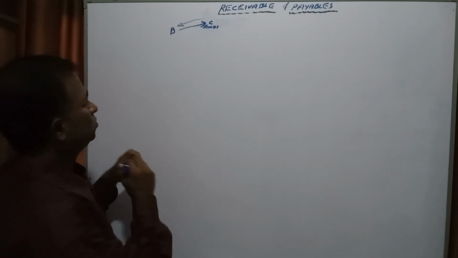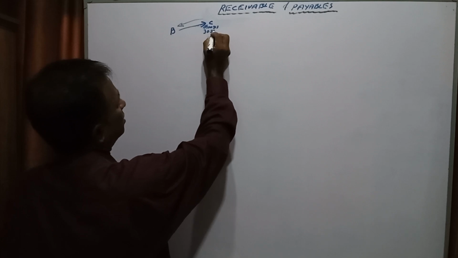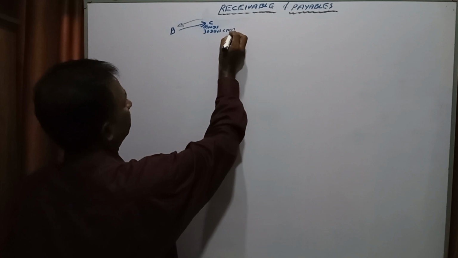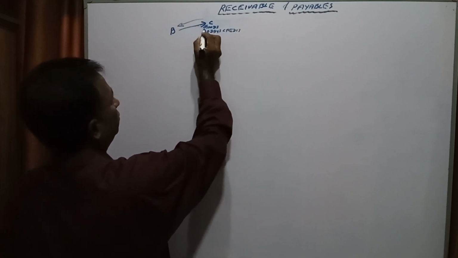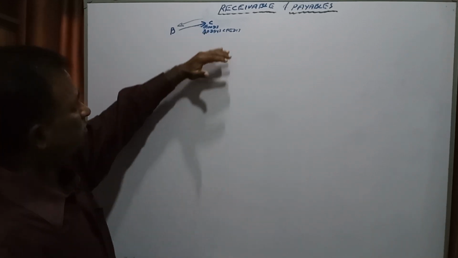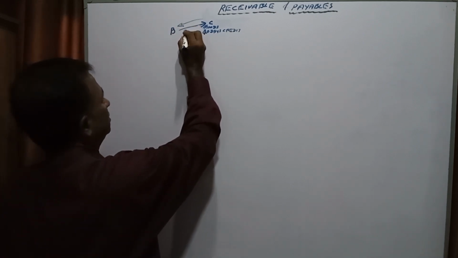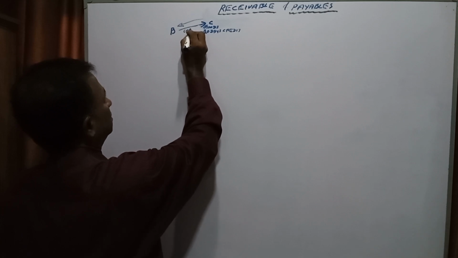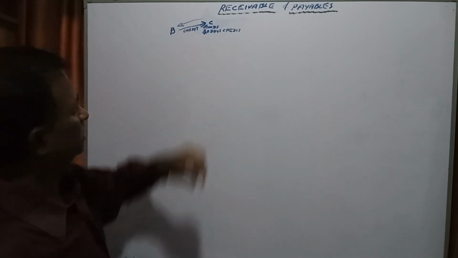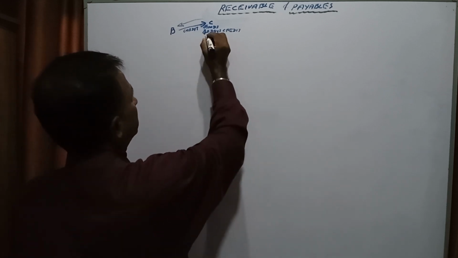The goods are issued with 30 or 40 days credit. We say 40 days credit. So this is the credit sale, on credit period of 40 days.